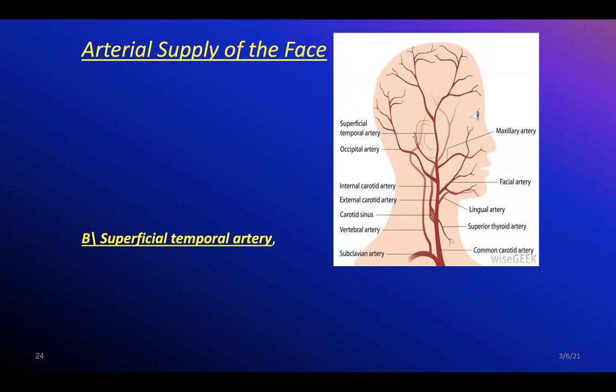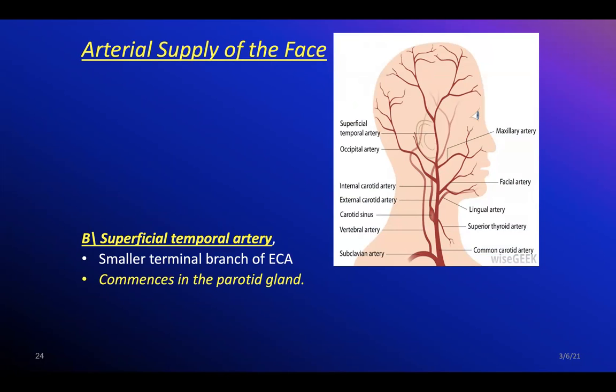Now the superficial temporal artery and its branches. It is the smaller terminal branch of the external carotid, commences in the parotid gland, and ascends in front of the auricle to supply the scalp.